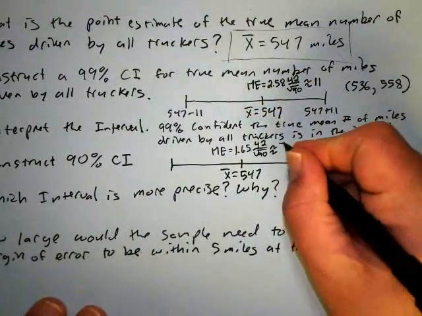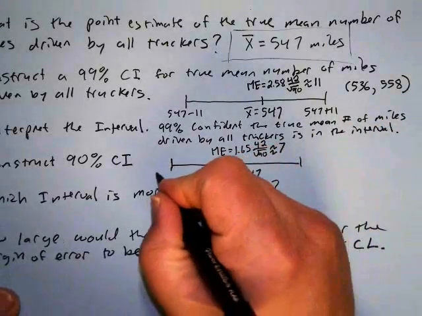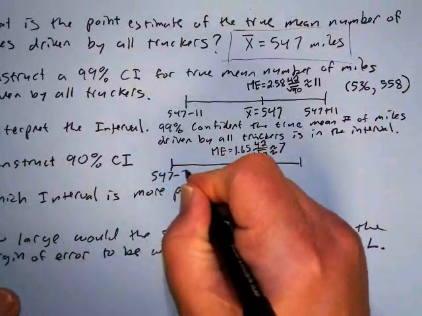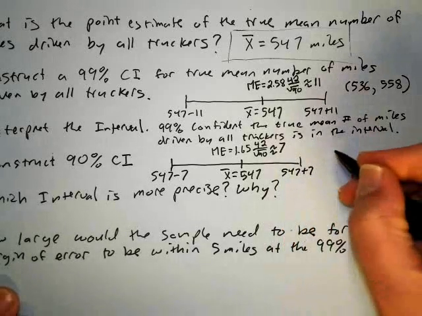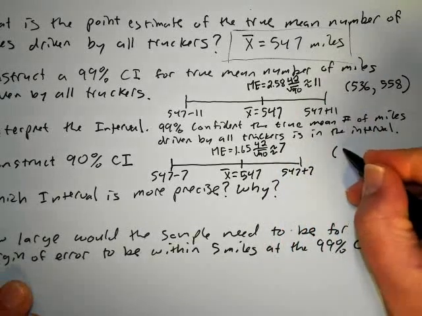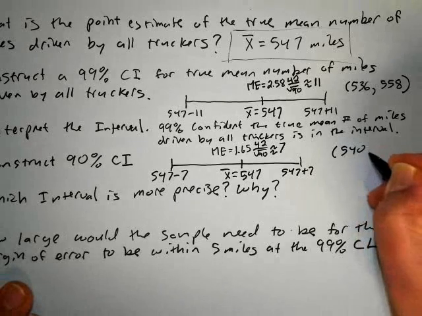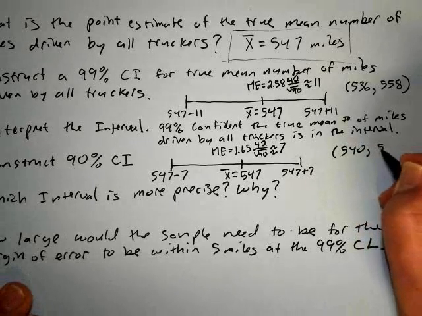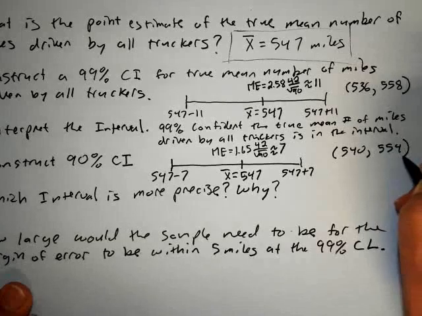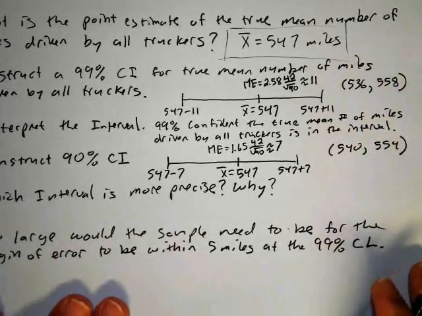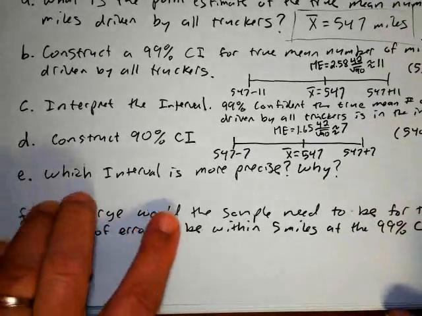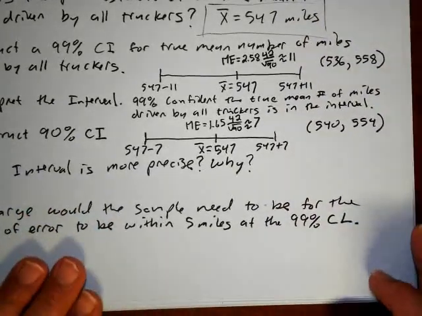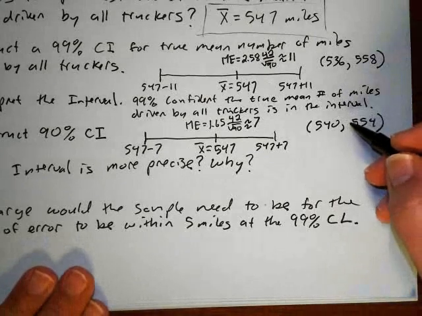So this is 547 minus 7, 547 plus 7. So my interval here would be 540 to 554. Now this next question asks which interval is more precise and why? Why is it more precise?